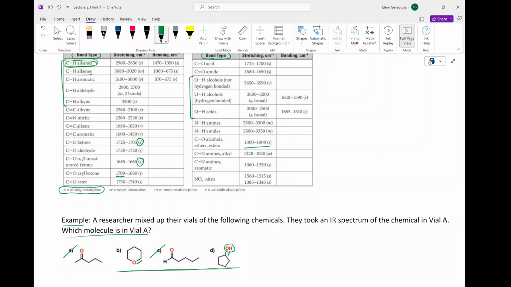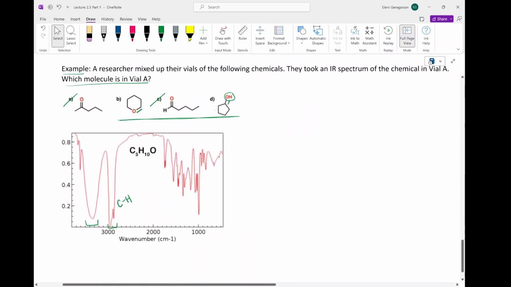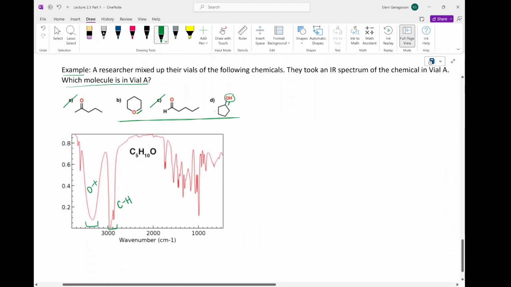And oxygen to hydrogen single bonds are right in this region around 3,500. And that is what appears here. So this is an oxygen to hydrogen single bond peak. So with this IR spectrum, we can tell that molecule D is in this vial because the peaks that show up in the spectrum align with the bonds that are present in D.